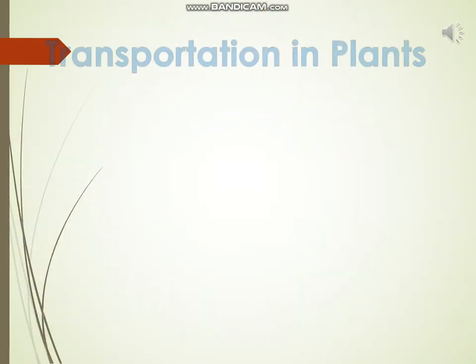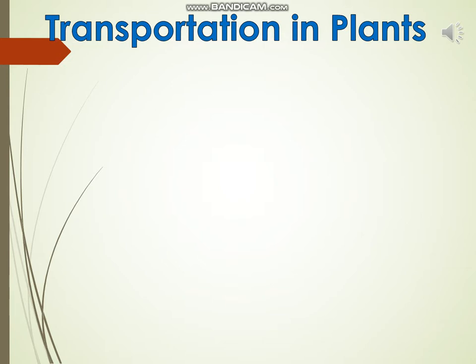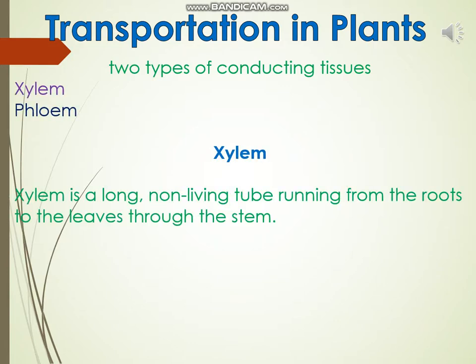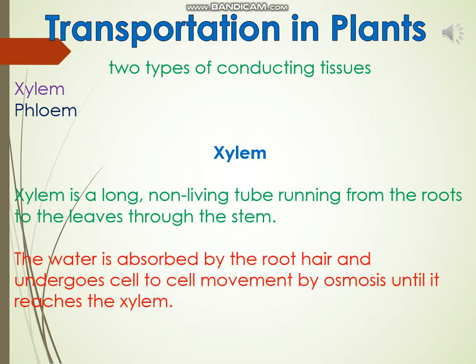The water and minerals are transported in plants by two types of conducting tissues, that is, xylem and phloem. Xylem is a long, non-living tube running from the roots to the leaves through the stem. The water is absorbed by the root hairs and undergoes cell-to-cell movement by osmosis until it reaches the xylem.